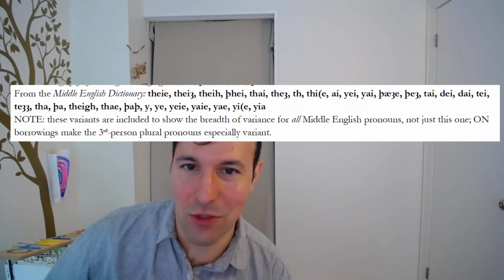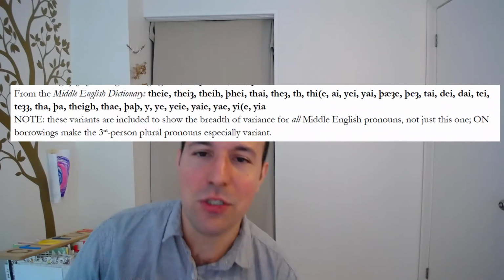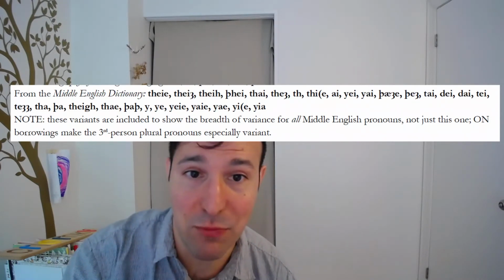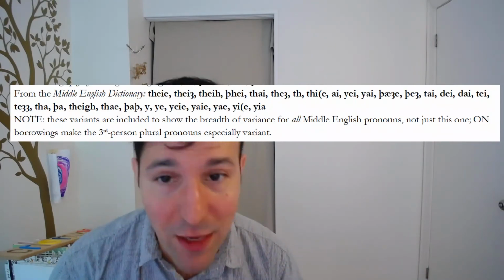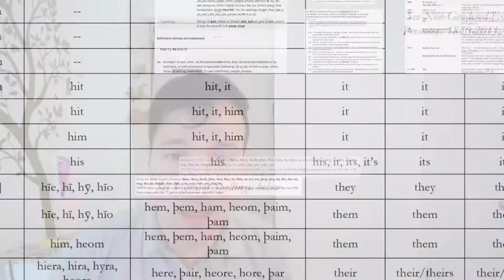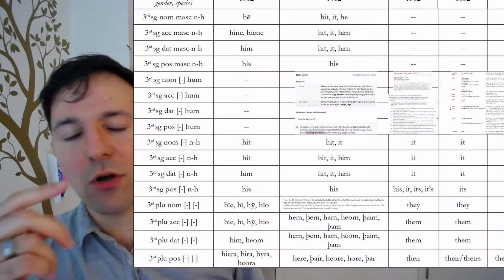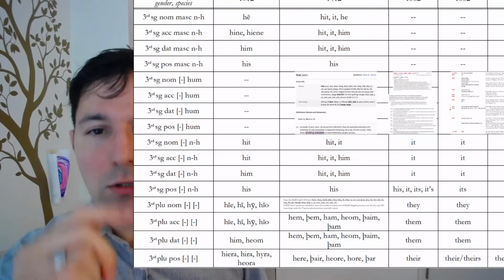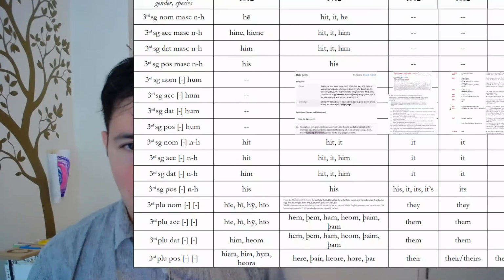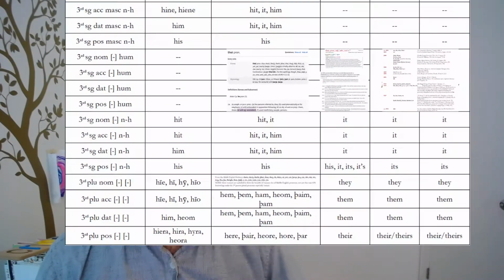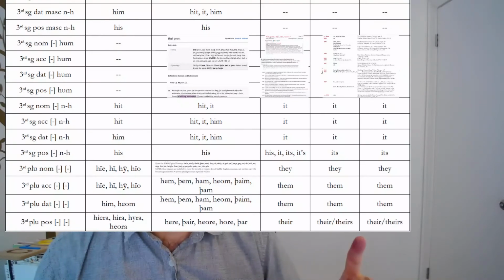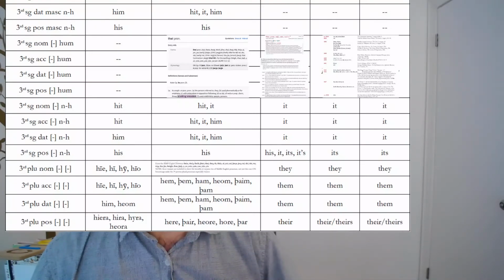And hie is still there as well. These variants are included to show the breadth of variance for all Middle English pronouns, not just this one. Old Norse borrowing makes the third person plural pronouns especially variant. That's why we get so much variation, because of Norse influence in these plural third person pronouns. They then normalize to they, them, their, only after chancery, their and theirs.